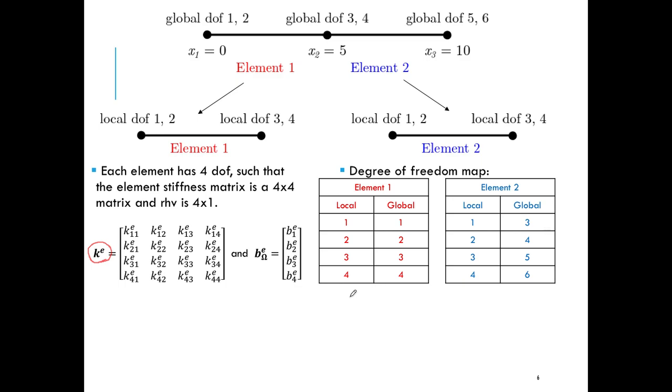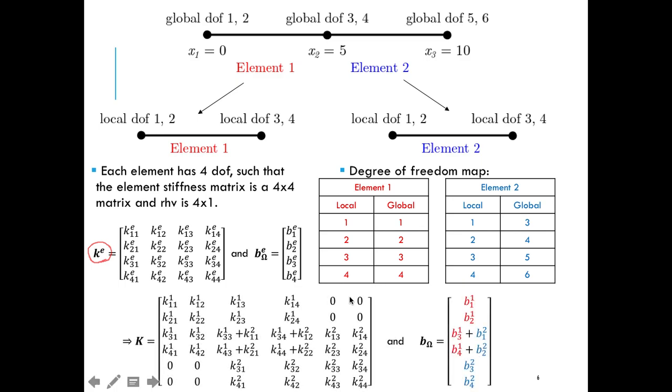So what I do is I first will write down my empty global stiffness matrix with a rank of 6 by 6, and then I'll start to fill it up. So for example जो मेरी global 1 by 1 की position है, I only have a local mapping, local of element 1 की 1 by 1 वाली that goes in there. So and then I can fill up basically all of these terms.